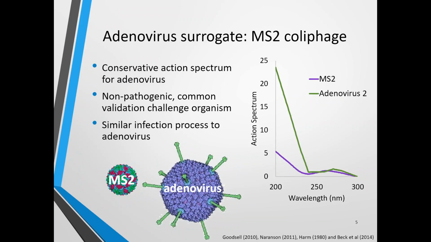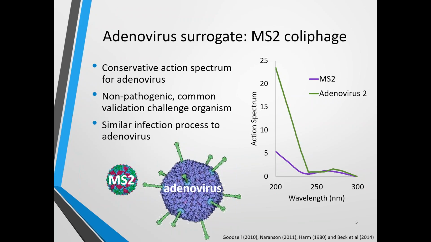On the right here, I'm showing you the action spectrum for both MS2 and adenovirus. The action spectrum means that the relative ability to disinfect at each wavelength is taken relative to 254, where low pressure UV emits. If you have a higher action, that means the microbe is more sensitive.